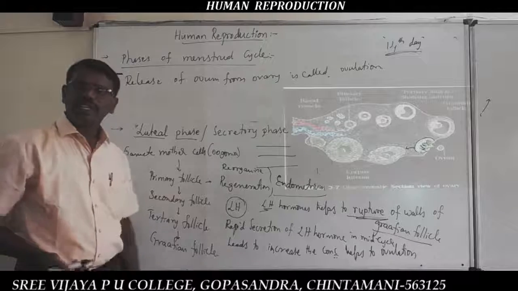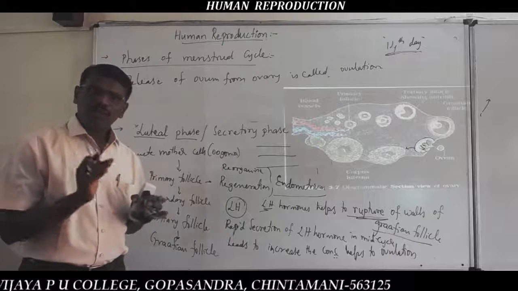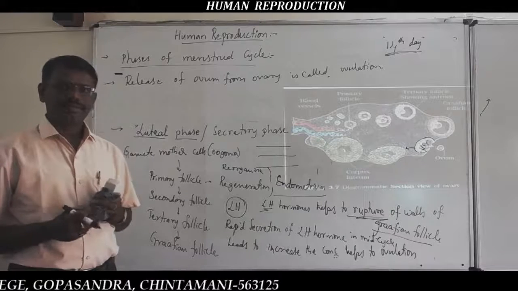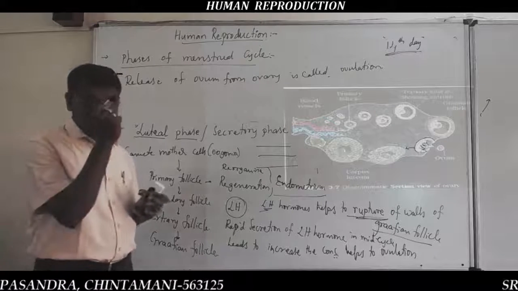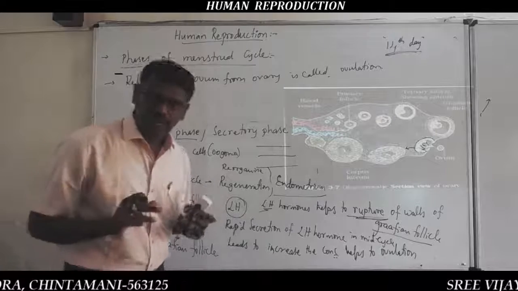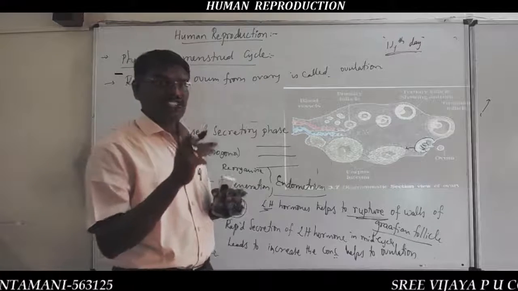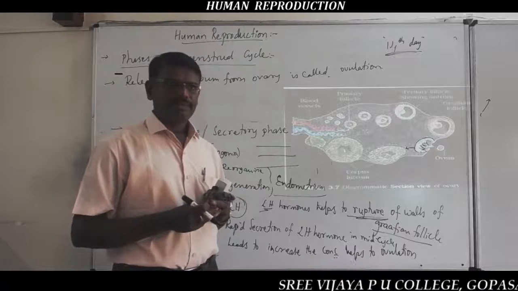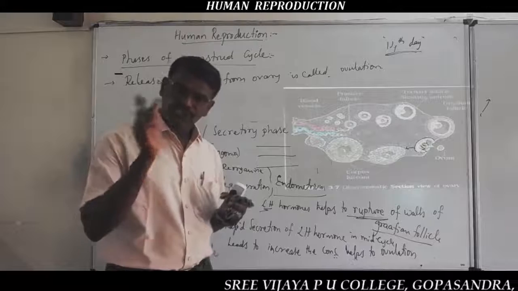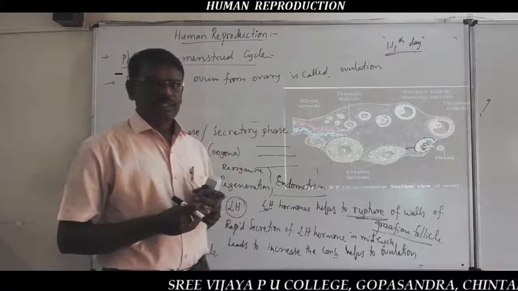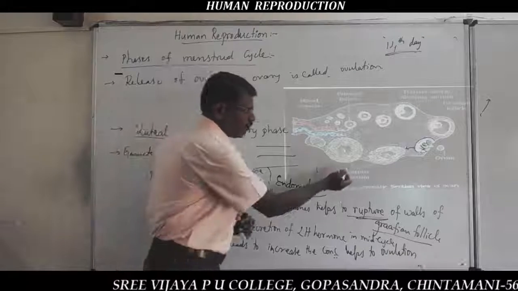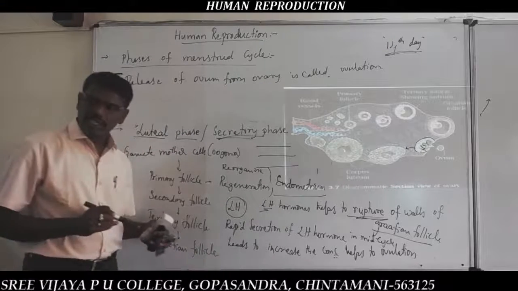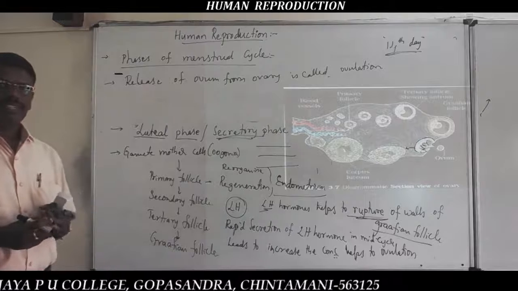This corpus luteum secretes more hormones, that is progesterone hormone, which is required for the implantation of the fertilized ovum at the blastocyst stage. Hence, since the corpus luteum secretes more hormones, it is also called the secretory phase.